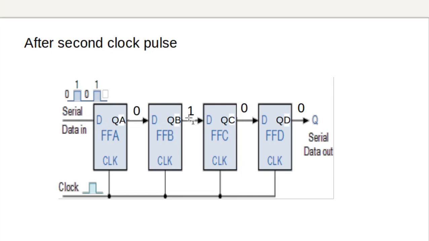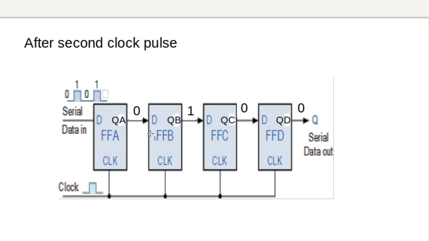And the 0 applied at the serial data input point shifted to its output, or it reaches here. So this 1 is now here and this 0 is here. So these two bits have been entered into the shift register after the application of the second clock pulse.